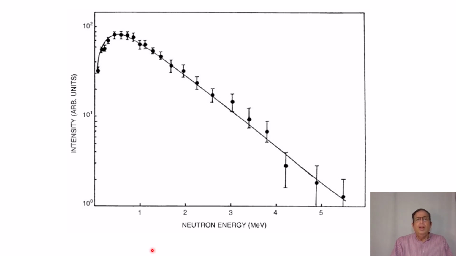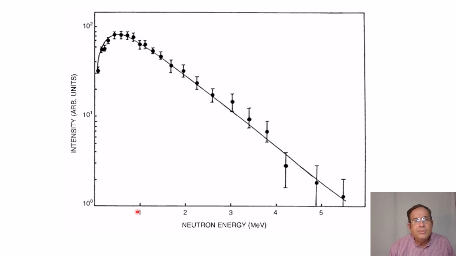Here it is shown, since in a fission experiment several neutrons are produced and all these neutrons are of different energies. Here is a graph shown between the neutron energy and the intensity. So you can see that there is a spread in the energy with respect to intensity.